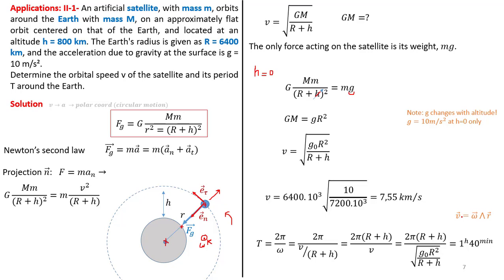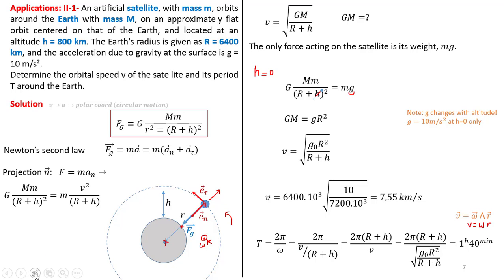And v is along e tau. This is in fact to prove that v is equal to omega times r in the case of a circular motion. So omega is equal to v over r.